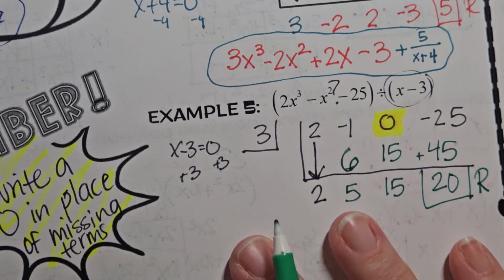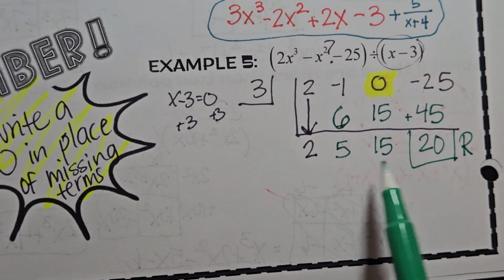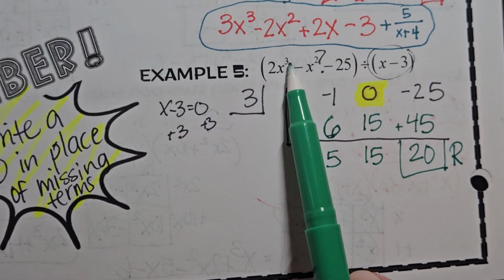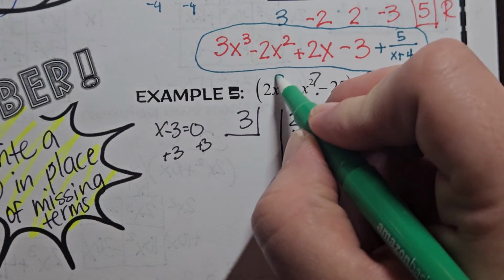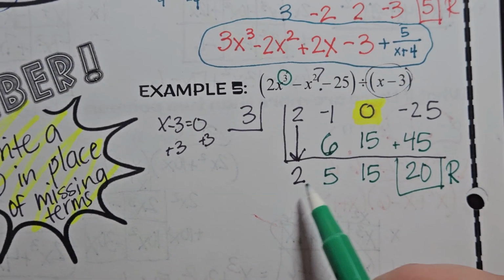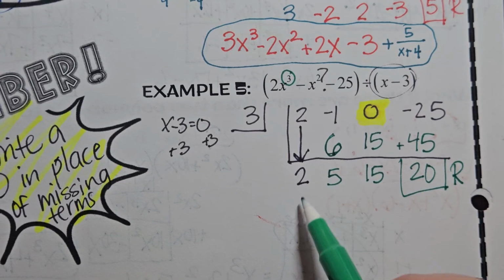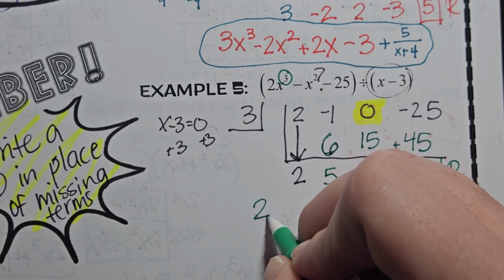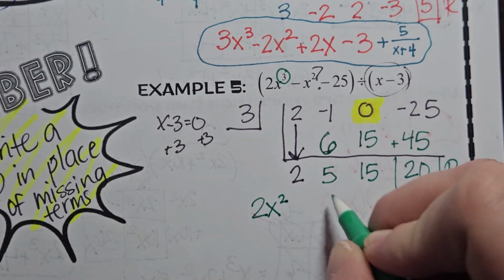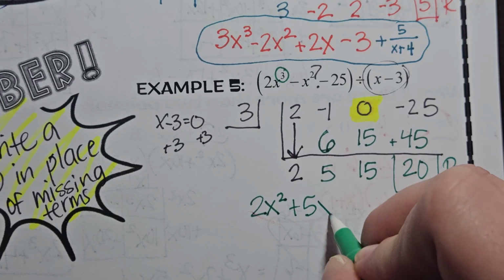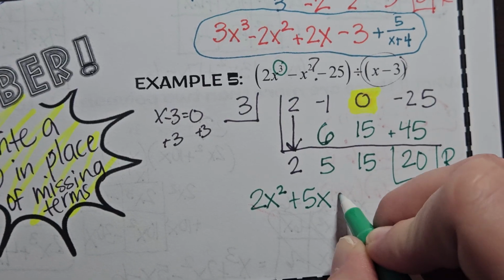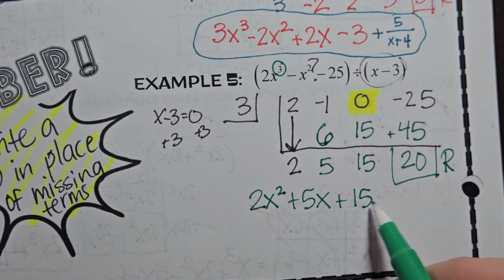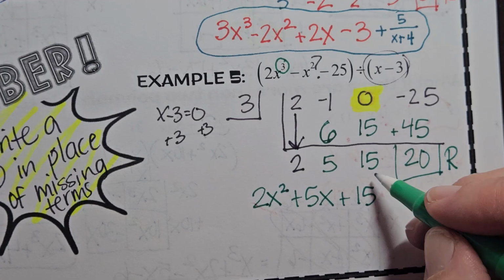So we'll put that in our fraction form. Don't forget we need to put our coefficients in. We started with a cubic, a degree 3, so that means we go down 1 to x squared. So leading coefficient of 2, x squared, plus 5, x to the 1, plus 15. I don't need a variable there.